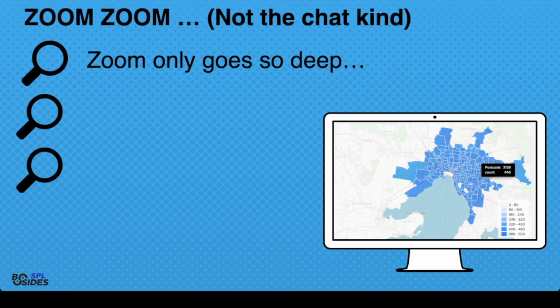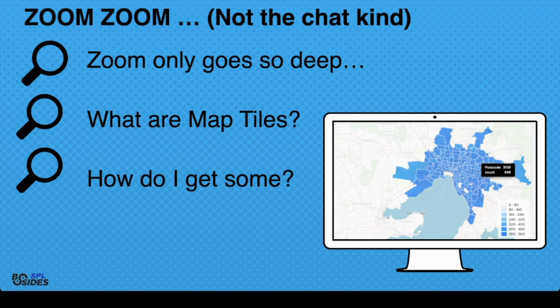So you may have experienced when you were playing around that you can only zoom to level 7. We want to get a lot more detail in our map. So we're going to need to add the postcode boundaries, and we're also going to need to add a function called map tiles. So let's have a look at that and see what we can do.